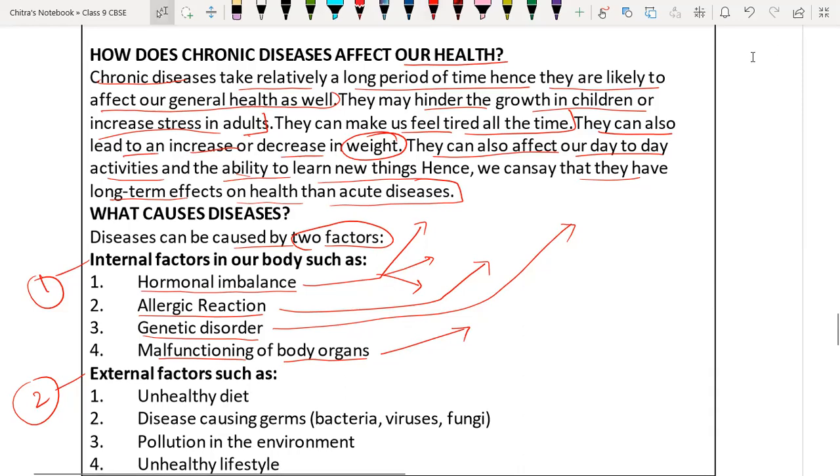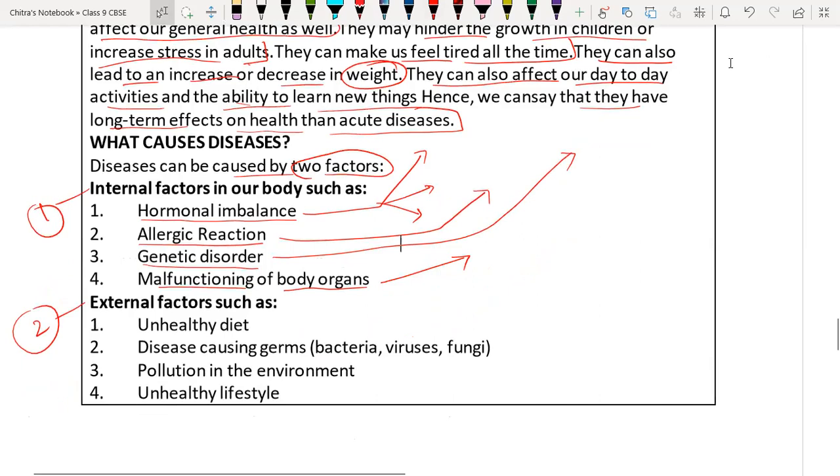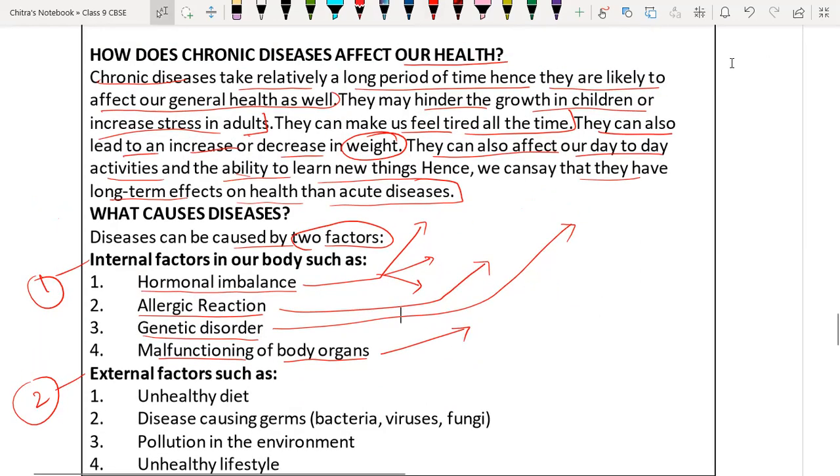Now we're going to discuss what the external factors are that may lead to disease in a person. Unhealthy diet. If you are eating here and there, which is unhygienic, uncovered, leftover food, then it is nothing but an unhealthy diet.